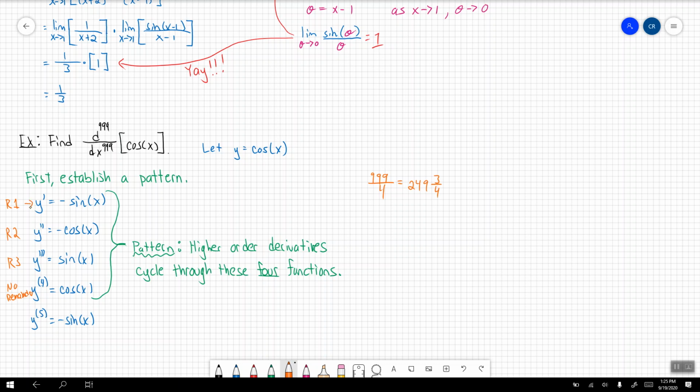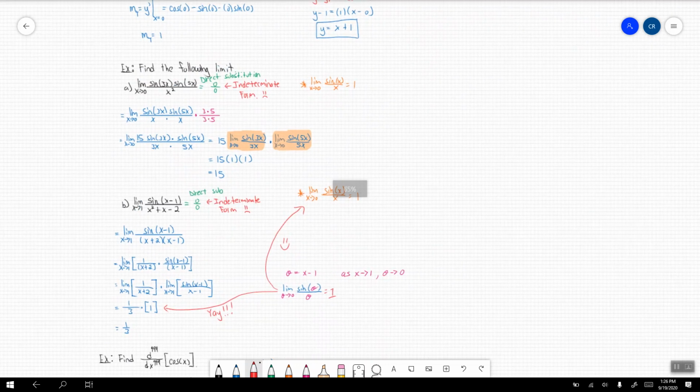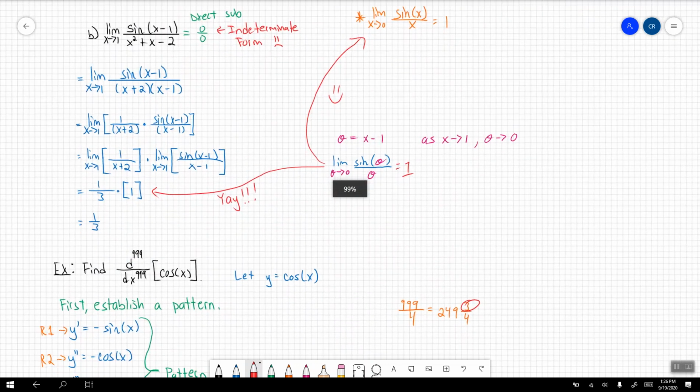Anytime we have a remainder, we identify where we're at. Since this has a remainder of 3, this is going to tell me that this is my answer.